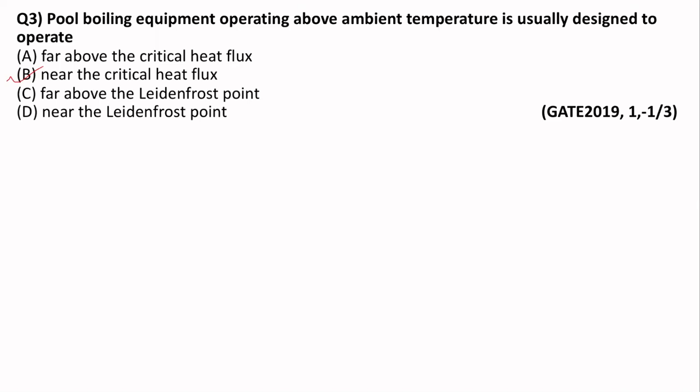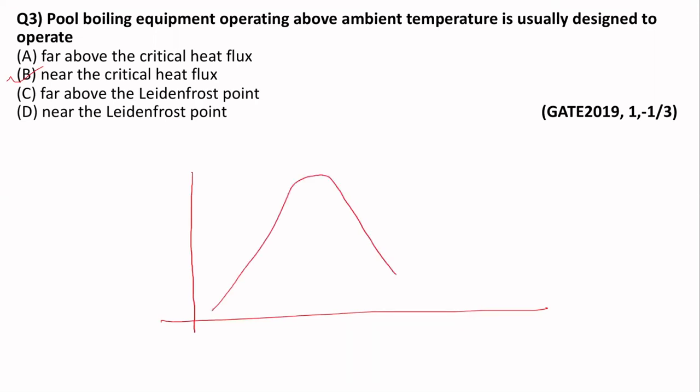Yeah, you're audible. Sir, first of all, the heat flux increases, and then vapor starts to form near the film, and that's why the transition area comes. So the heat flux has to decrease because of the vapor coming there. The heat transfer coefficient of vapor is less, so that's why heat flux will decrease, and that is the critical heat flux.